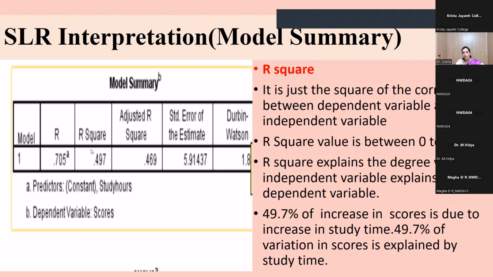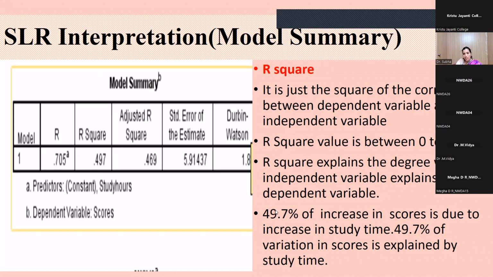R square explains the degree to which the independent variable, which here is study hour, explains the dependent variable, score.